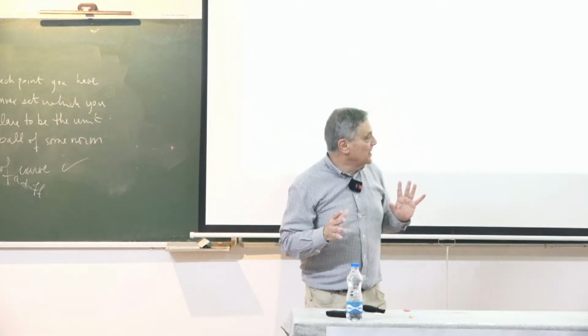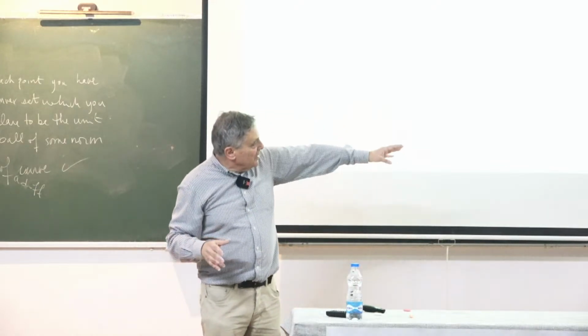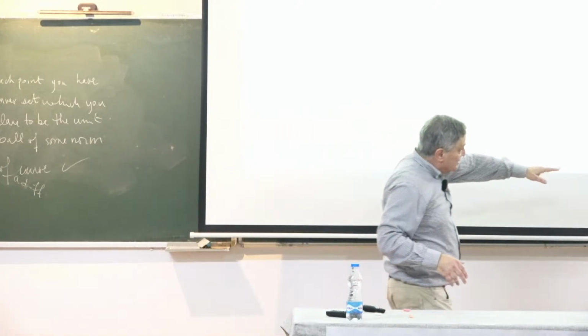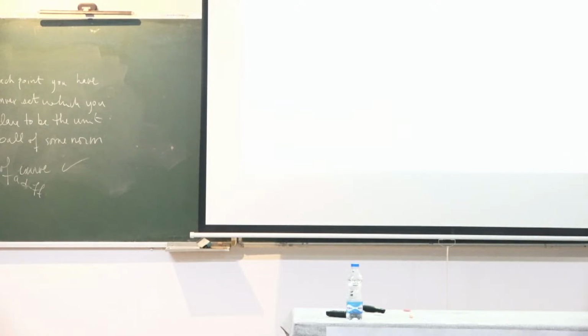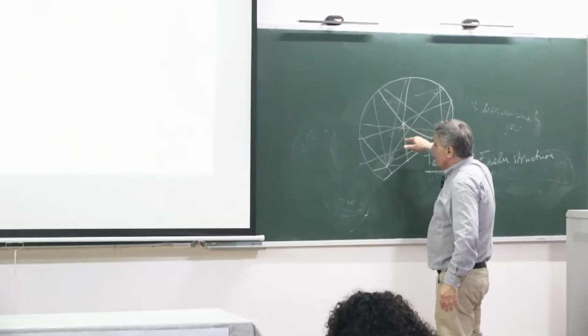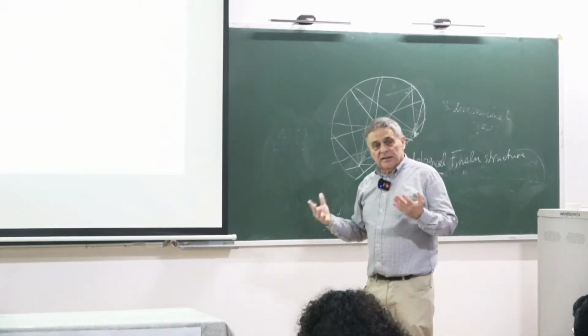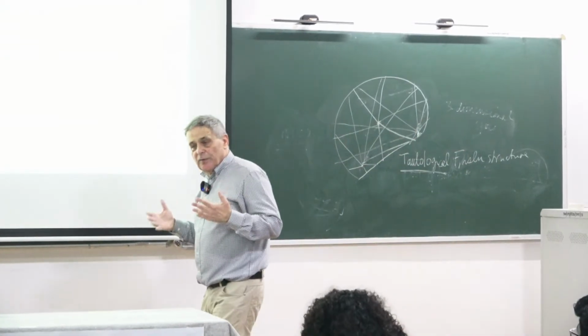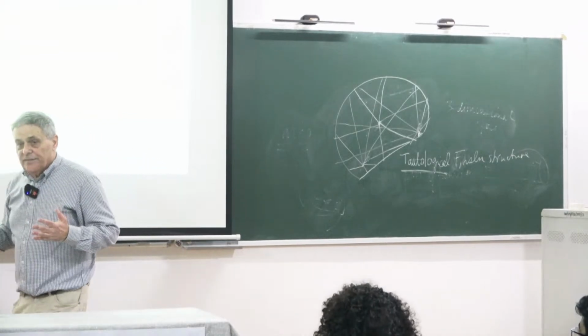And this, I think, is really fantastic because it's very interesting to study such metrics, but it's artificial. Why take this shape and this one and so on? But here in the Thurston case, the unit ball at each point has a geometric significance.